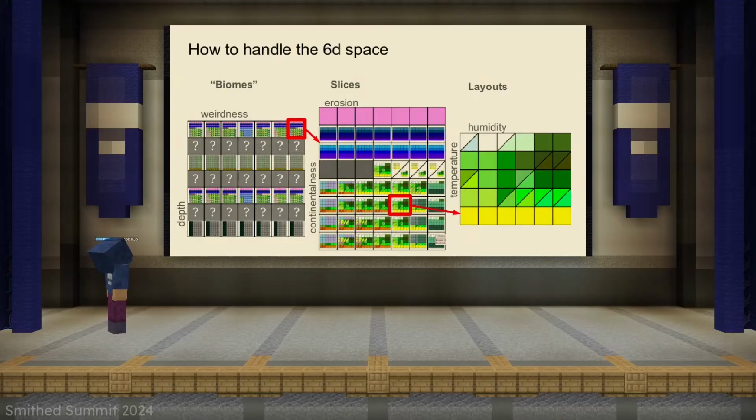So, just to summarize again, we start with this Biomes grid, and depending on weirdness and depth, we decide which slice to use. And then we go to that slice and use the erosion and continentalness to decide which layout to place. And then we go to the layout and use humidity and temperature to decide which biome to place.